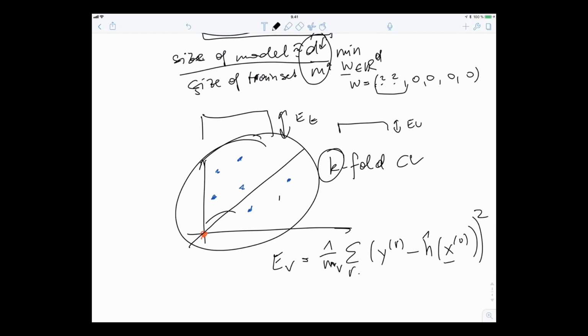How large should this MV be, this number of data points in the validation set? Any insights, any suggestions?